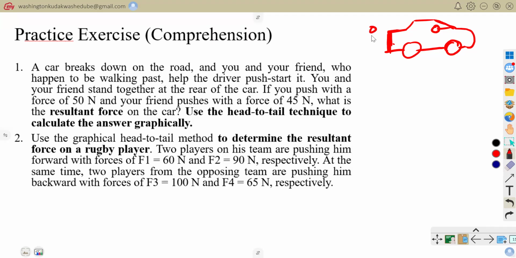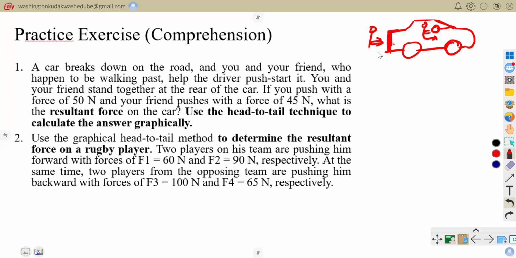So you and your friend are here, pushing this car because you want to help this driver push start his car, because the car is broken down.